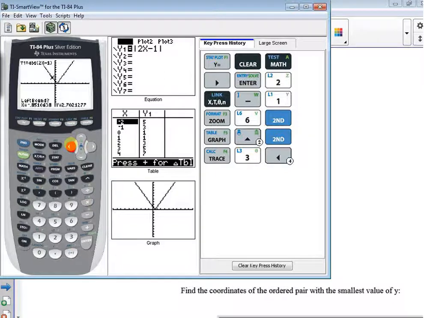And you need to put it to the left of the minimum point because it says left bound question mark and then press enter. And then it says right bound question mark. So you need to now move the cursor to the right of that minimum and hit enter. And then it says guess. And I usually just kind of put it back on the minimum.